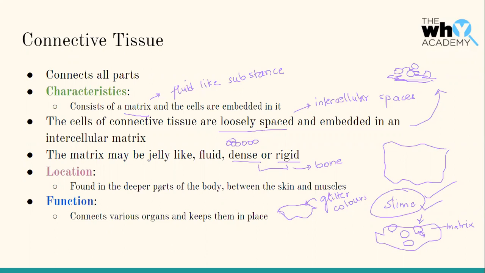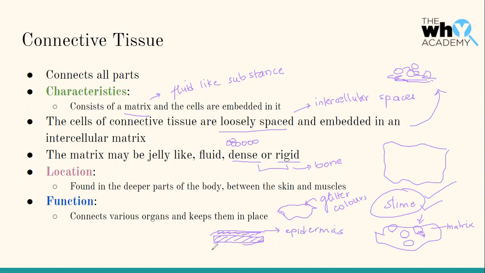Then location: it's found in the deeper parts of the body between the skin and muscles. Like I explained with that injection thing, I drew a diagram. So usually you have the epidermis layer. Derma is skin, so epidermis or epithelial, all this is the same term. And then you will have this chunk of cells which are basically called the fat cells, which act like a cushion.